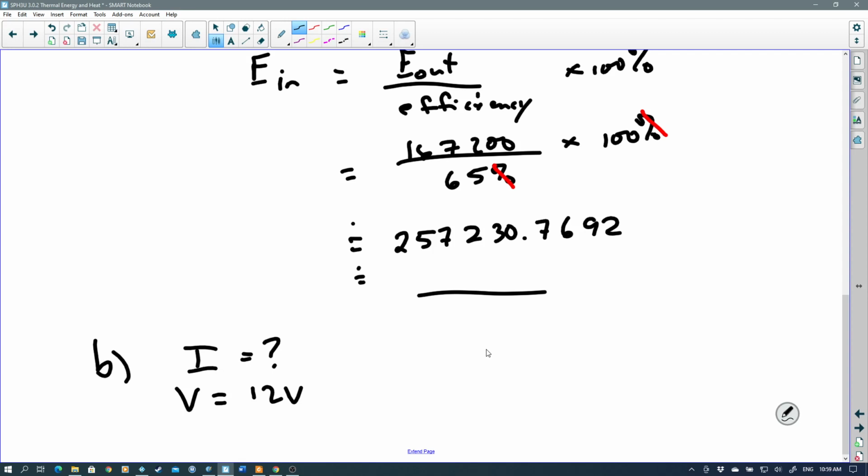Well, because the answer to the previous question is in joules, even though this is joules of heat, we can relate any energy type to any other energy type because of the law of conservation of energy. This energy came from an electrical circuit. That's what produced that amount of heat. So this basically is the electrical energy.